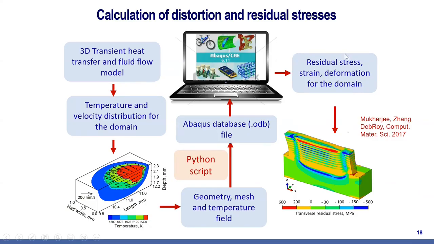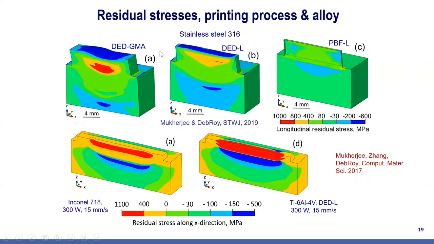This is a standard program with a high technology readiness level that gives us some confidence about the computed values of residual stress and distortion. By following this technique, we can calculate the stress distribution in different processes, like DED GMA, DED laser, and powder bed fusion laser for stainless steel 316.